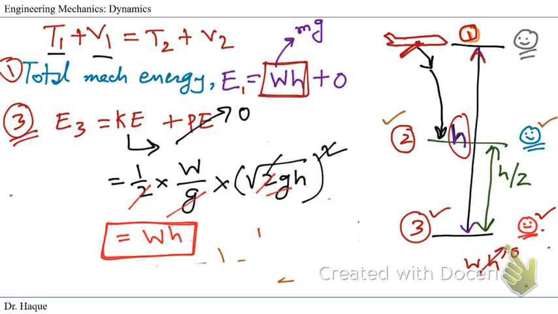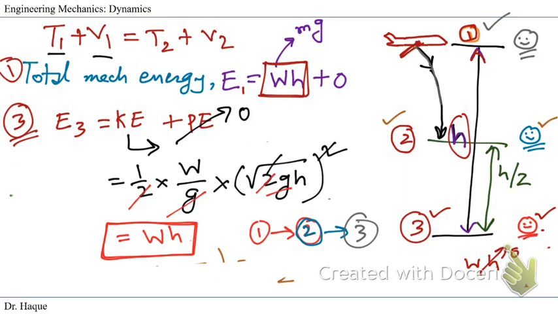So in all the cases, from position 1 to position 2 and from position 2 to position 3, the total mechanical energy is WH. At position 1 we had the maximum potential energy, WH, and 0 kinetic energy.